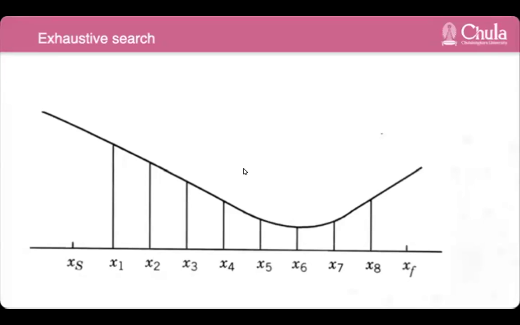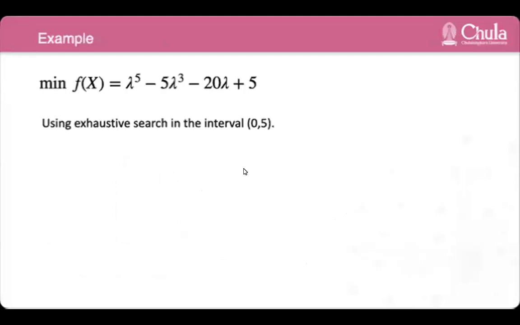So we have to keep at least 2 regions. So in one step, we can reduce the area of interest from n+1 regions to 2, where n is the number of points we evaluate. For example, this one.